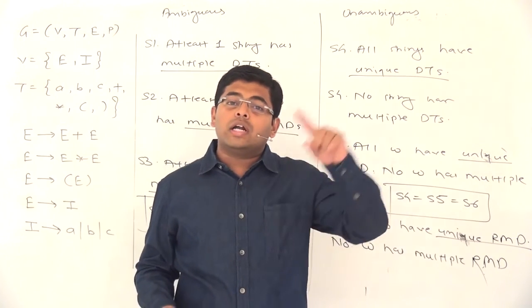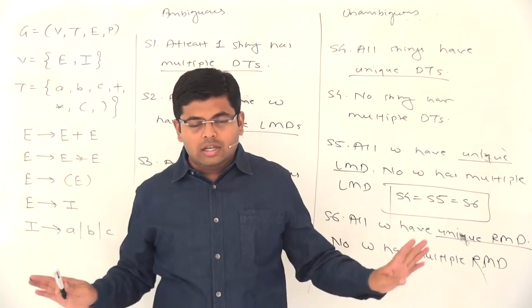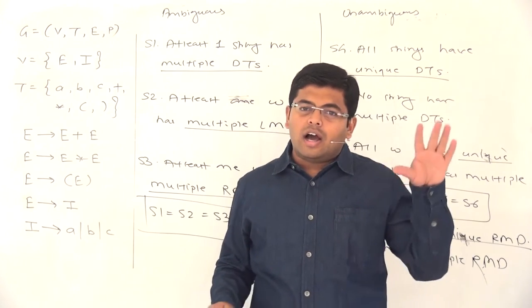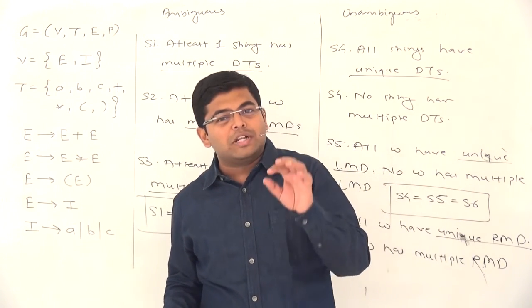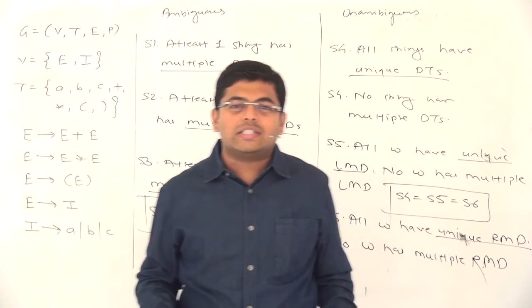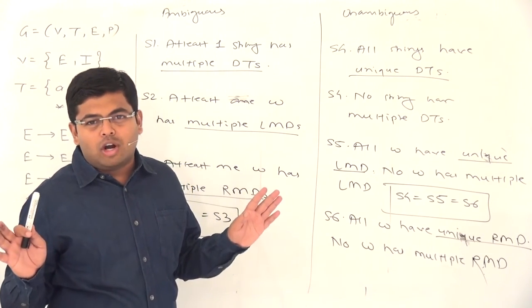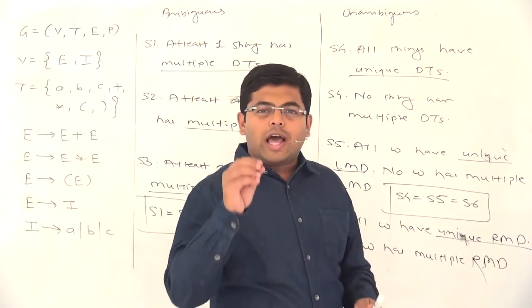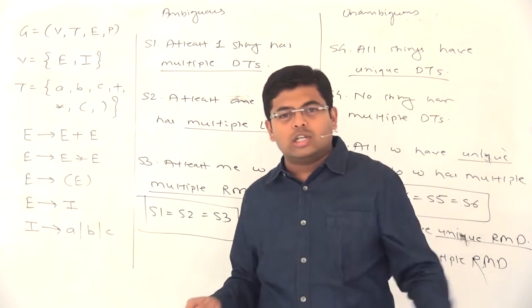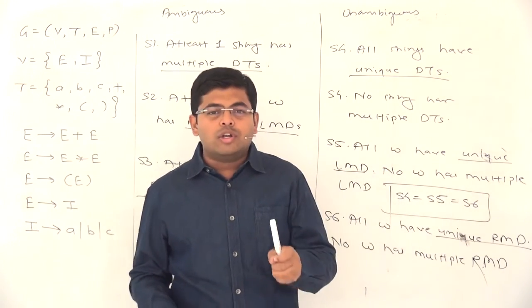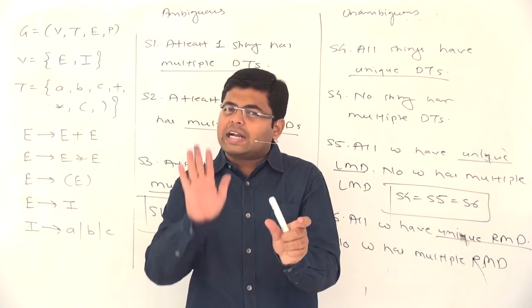However, different LMDs mean different trees and different RMDs mean different trees. A grammar in which at least one W has multiple derivations is called an ambiguous grammar, otherwise that grammar is called an unambiguous grammar. So what I would like to say before concluding: whenever you want to show that a particular grammar is ambiguous, you need to come up with at least one string.